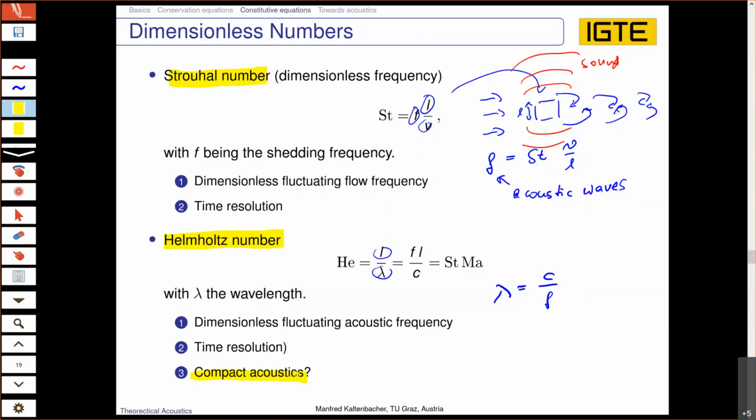And a further important dimensionless number, the Reynolds number, tells us if viscosity has to be taken into account or not, and whether you have a high Reynolds number flow with a lot of vortical structures, or a low Reynolds number flow going towards a laminar flow.